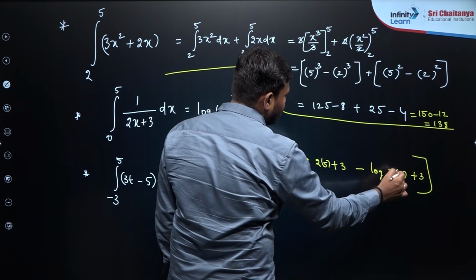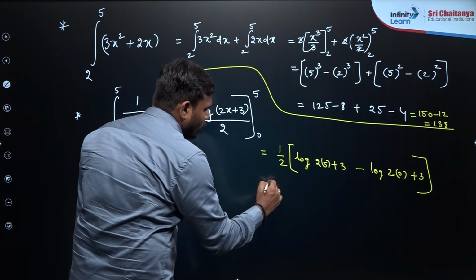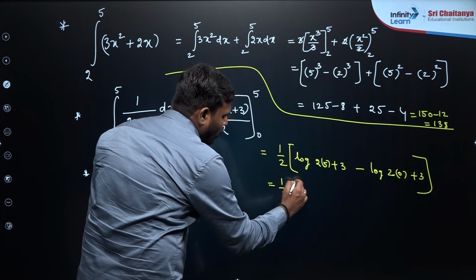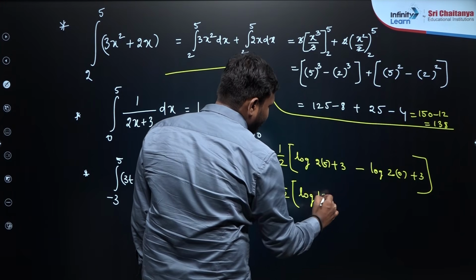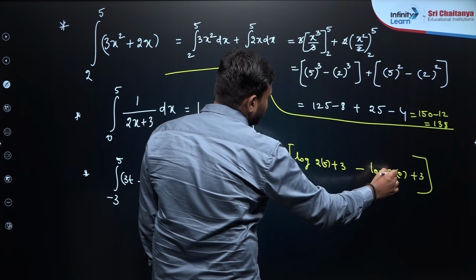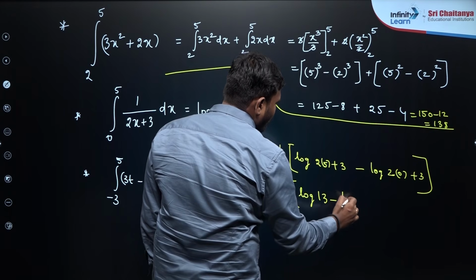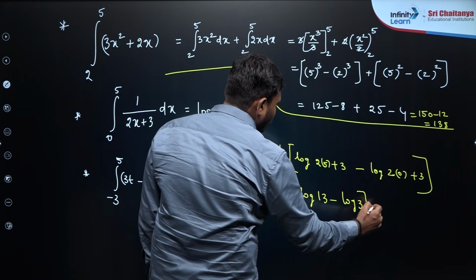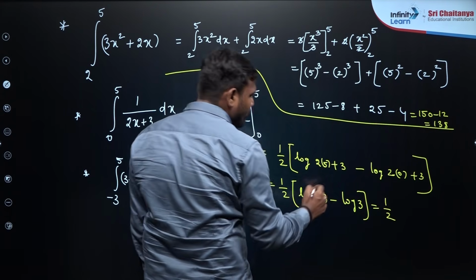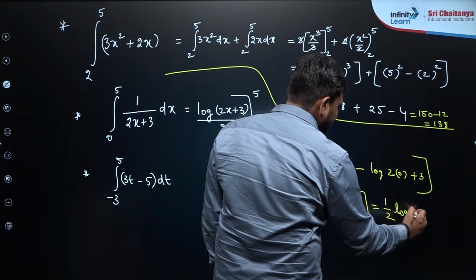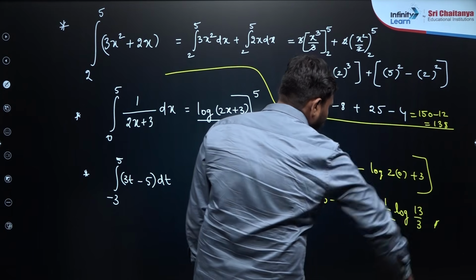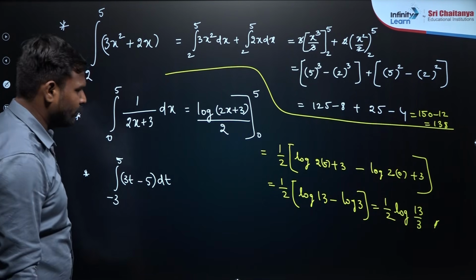The lower limit is 0. So log of 5 times 2 is 10 plus 3, 13, minus 2 into 0, 0. It will become log 3. So I hope we know that log a minus log b is log a by b. So log 13 by 3 will be the answer for this question.